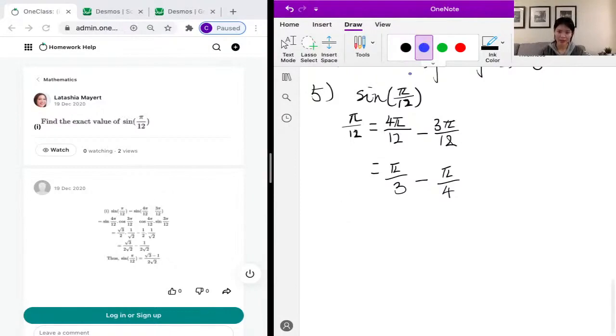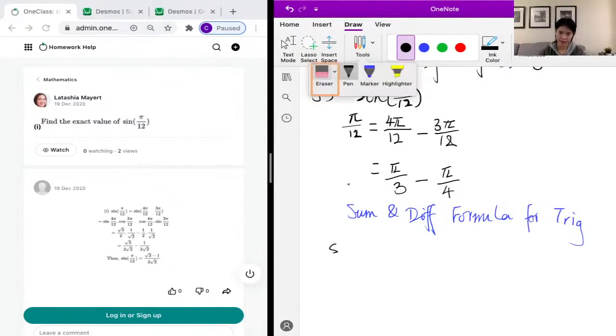Why do we want to do that? Because of the sum and difference formula for trig. This is a formula that you could either memorize, or if it's given to you on your formula sheet, then you don't need to memorize it.